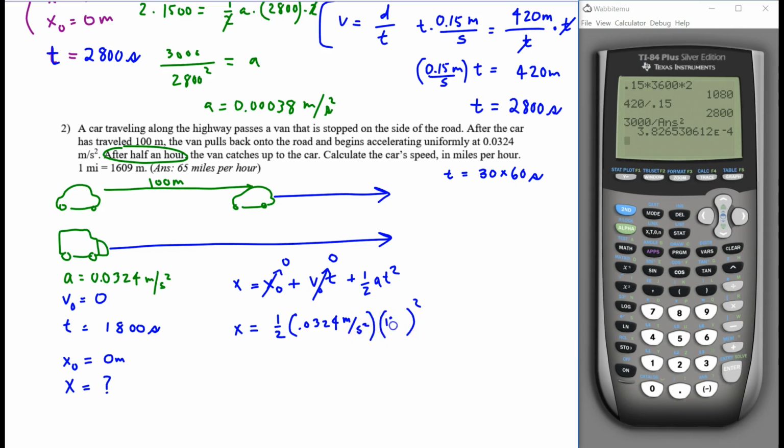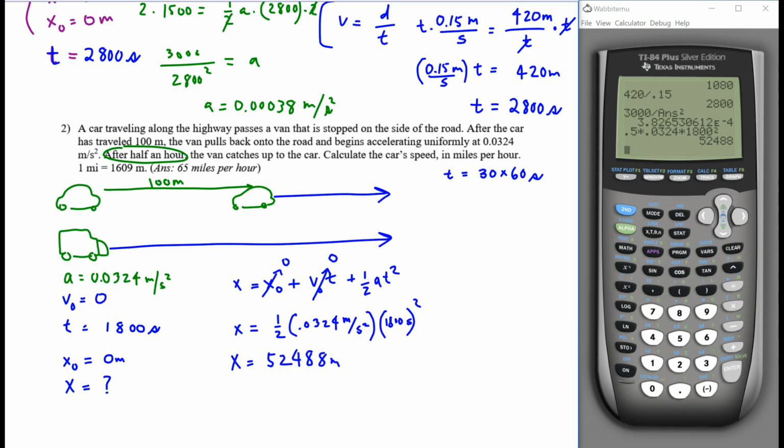That's 1800. And we calculate. 1/2 times 0.0324 times 1800 squared. And this is 52488.